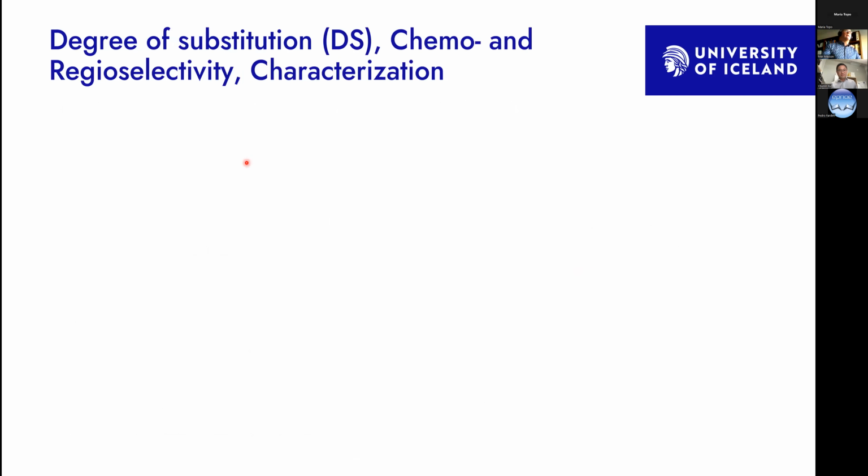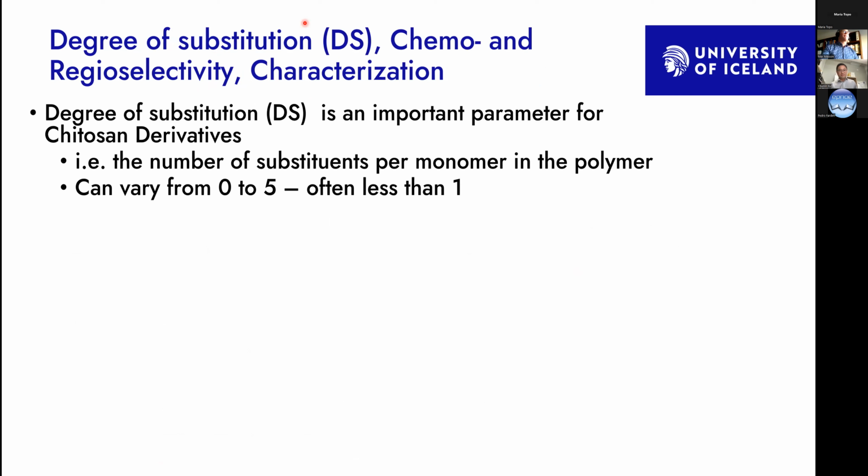So if we talk about degree of substitution, chemo- and regioselectivity and characterization, then we can say when you are reporting a chitosan derivative, it's very important to report the degree of substitution, how many substituents you have added to each monomer.